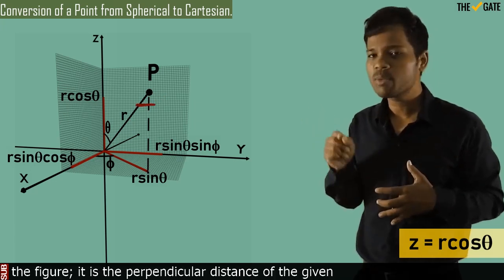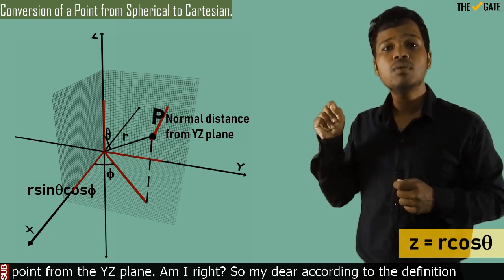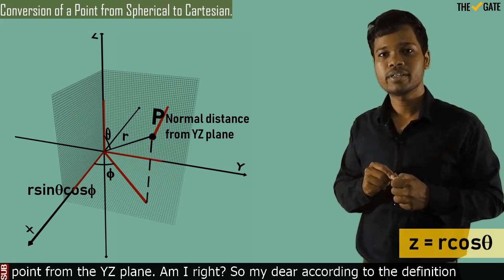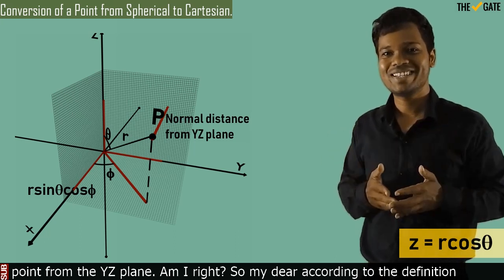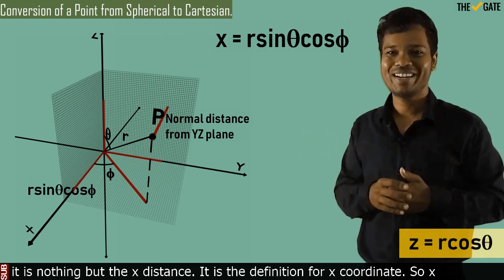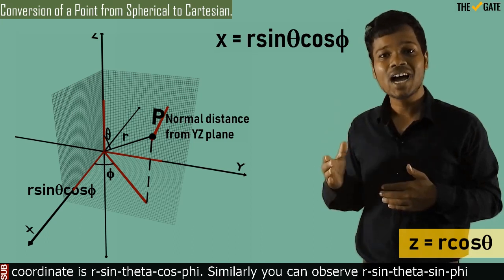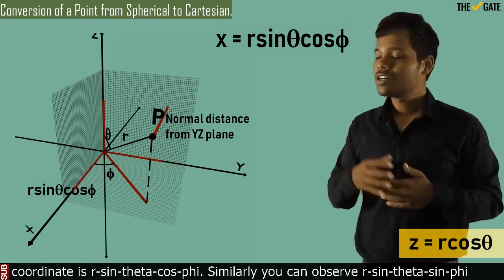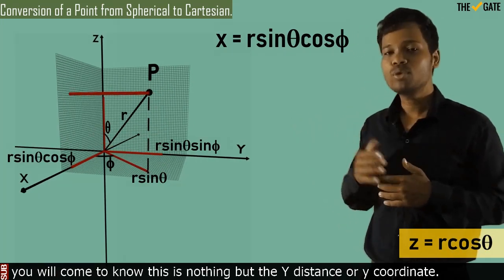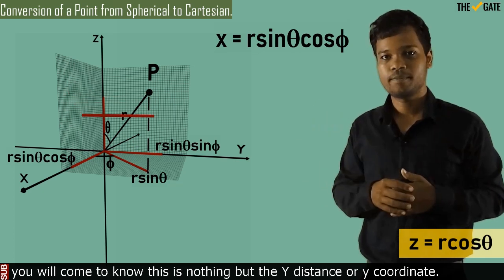You can easily observe from the figure, it is the perpendicular distance of the given point from the yz plane. Am I right? So my dear, according to the definition, it is nothing but the x distance. It is the definition for x coordinate. So x coordinate is r sin theta cos phi. Similarly, you can observe r sin theta sin phi. You will come to know this is nothing but the y distance or y coordinate.